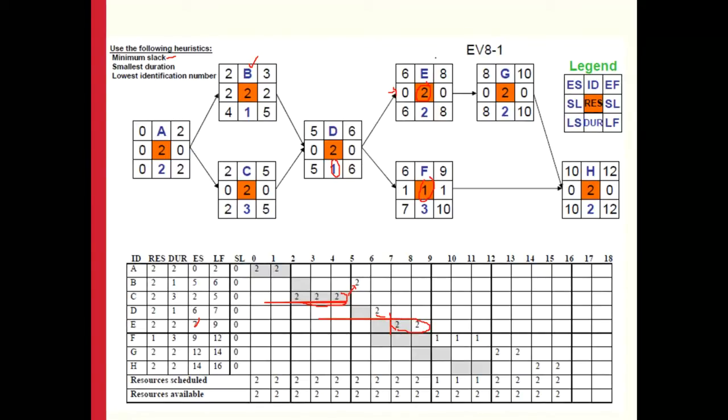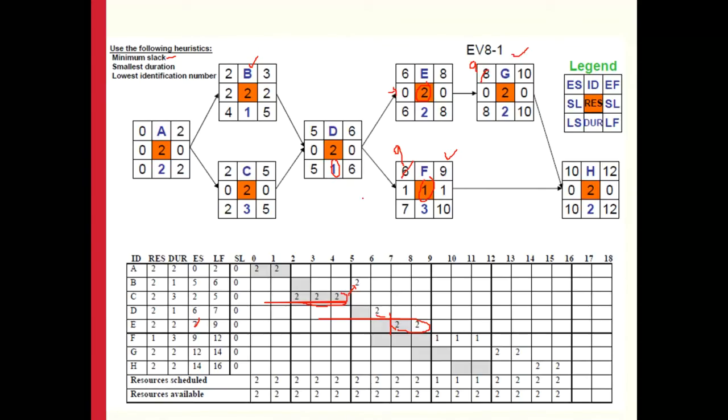and once E has been completed, then we have a choice whether to start work on G or F. But to do that, we have to recalculate the early start time. So for F in the changed circumstances, the early start time is no longer 6, it has become 9, and likewise for G. While calculating the slack, we have to use the new early start time and not the one from the early stages.